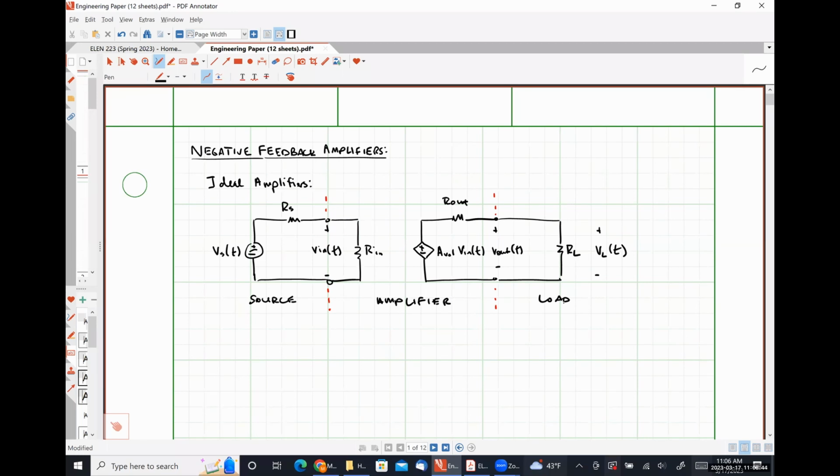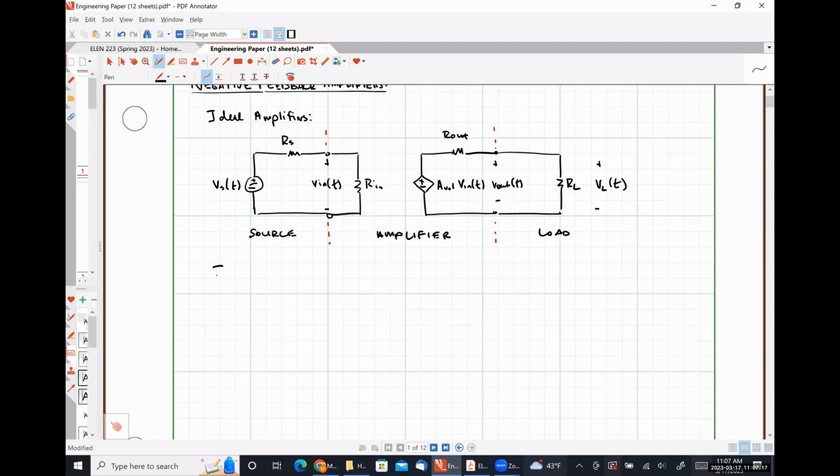So let's talk about what our ideal behavior for this circuit would be. The ideal behavior would be that VL, the voltage drop showing up across our load, would simply be the scaled version of Vs, because that is the ultimate goal of the amplifier. We apply some signal and we want to see a scaled version of that signal at the output of our system. Right?